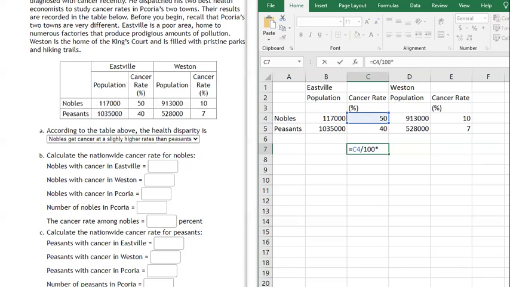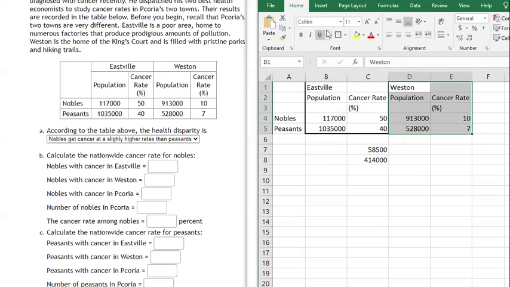And then we're going to multiply that by the Eastville population. So that's the number of nobles that get cancer in Eastville. If I pull this down, I get the number of peasants who get cancer in Eastville, right? Because this is Eastville here.